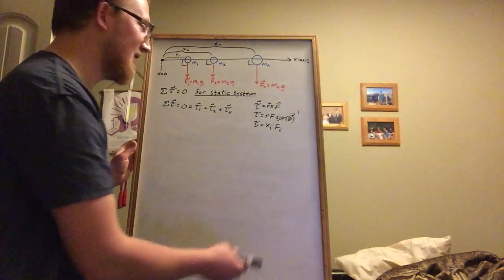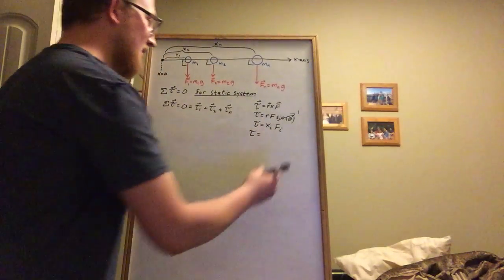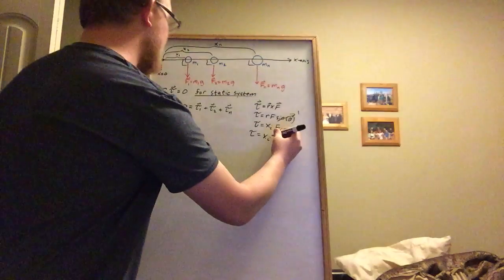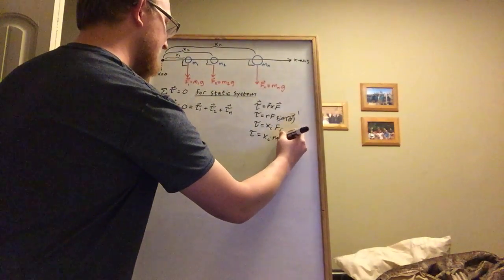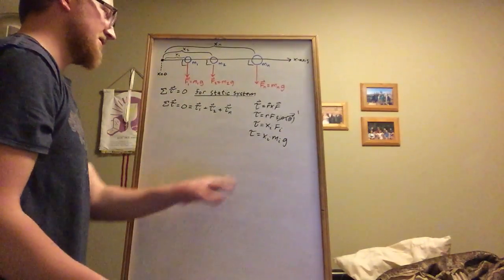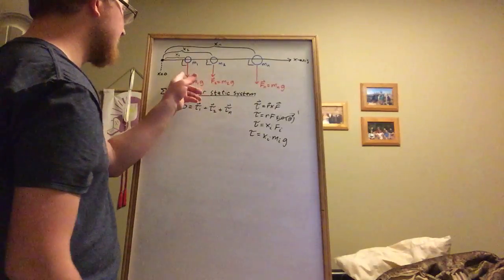And to simplify that even further, because we know that force equals ma, we can say that the force here is equal to the ith mass times the acceleration on Earth, which is always g.